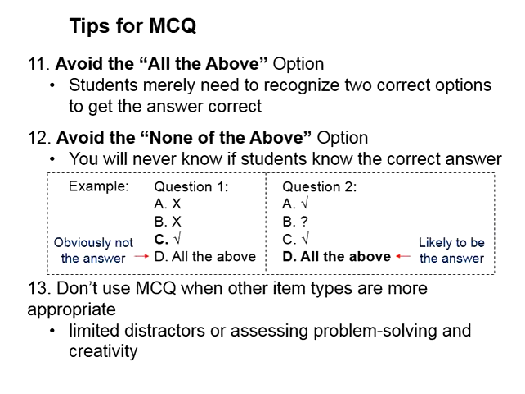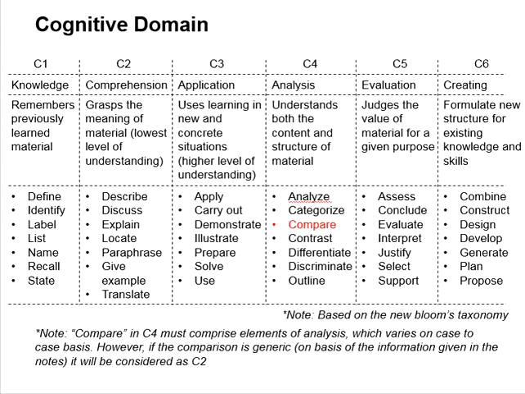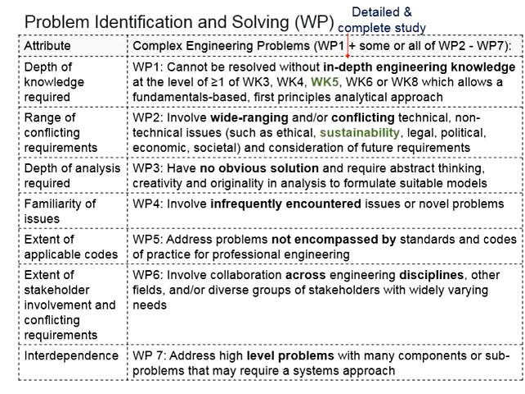We can have structured questions or essay questions. They are open-ended in nature, and we have requirements in terms of the levels of difficulty as well as the complexity of the problems. Normally, we would like to have questions assessing towards C5 and C6, and we would like to have our problems in the mode of complex engineering problems.